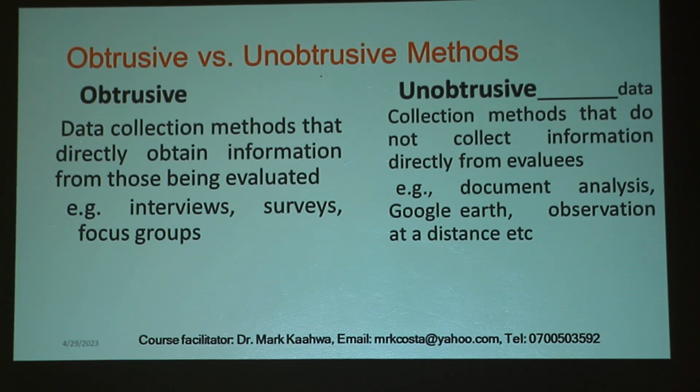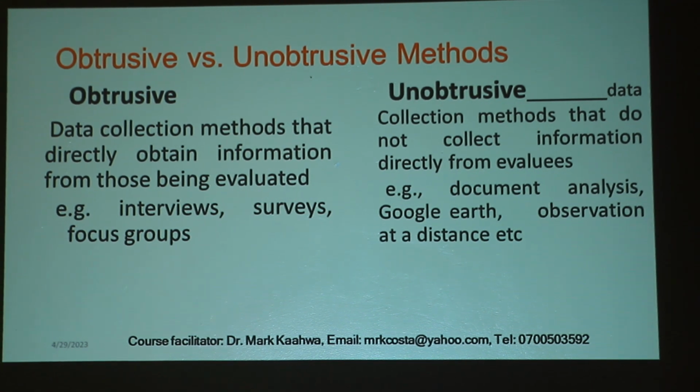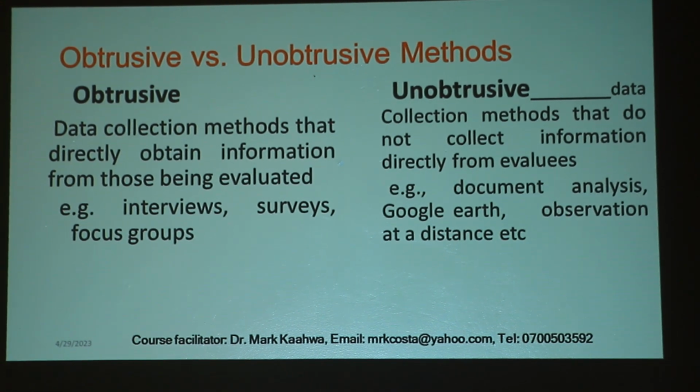And here, for example, from interviews, from surveys, from focus groups, from observation. So that is an obtrusive. And in there, you will collect the primary data. We have already talked about the two types of data, the primary and the secondary. So with the obtrusive, you will collect the primary data.